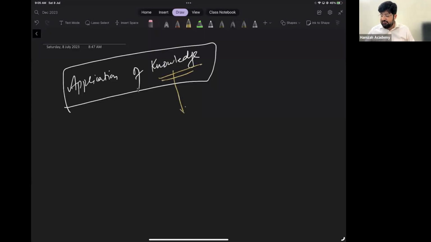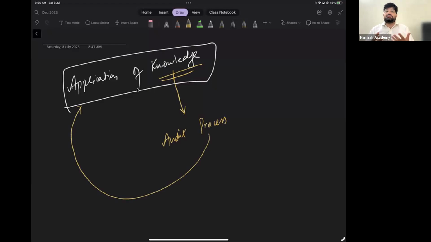You must have good knowledge of what the audit process is, and then conceptual knowledge. And then you must be able to apply that to real life scenarios. It's not just memorization of the topics. You must learn how to apply that knowledge to the different scenarios.